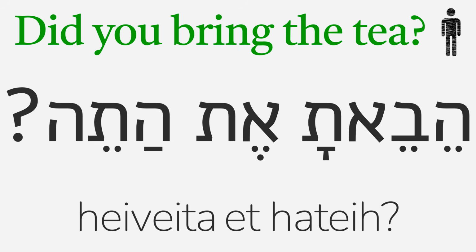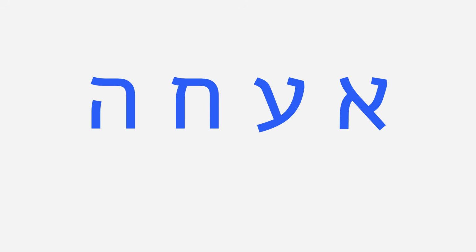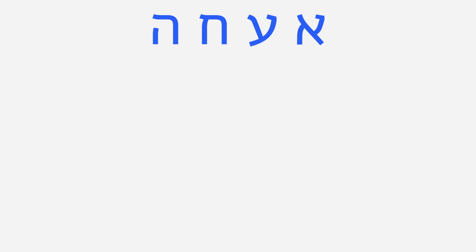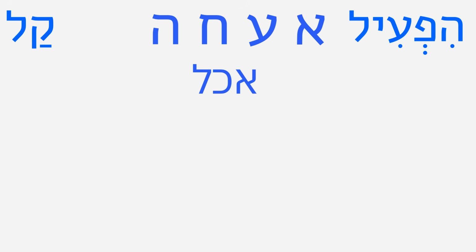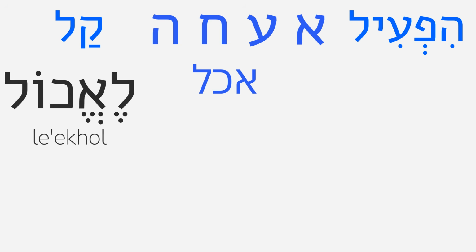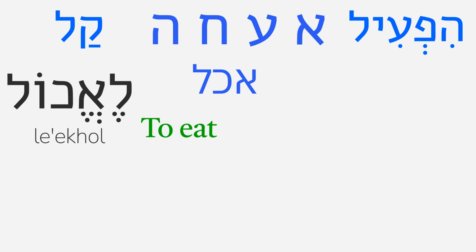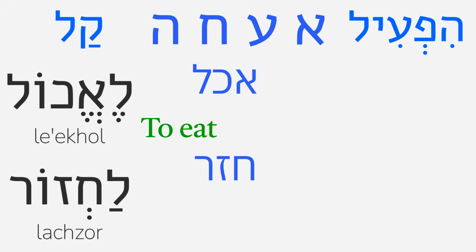The four guttural letters in Hebrew are aleph, ayin, chet, and he. When one of these letters is the first letter in a root, verbs made from that root will often be irregular, including in the Hiphil. The root aleph kaf lamed in the kal makes the verb le'echul, to eat, and the root chet zayin resh makes the verb lachzor in the kal, which means to return or to come back.